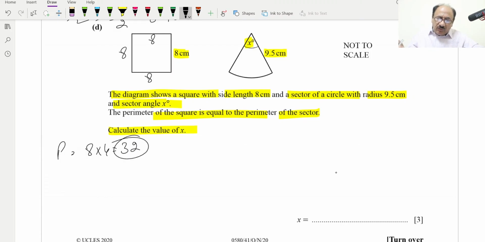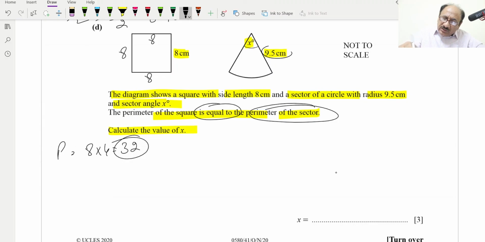So first of all, we have calculated the perimeter of the square, and this is equal to the perimeter of the sector. Now how will we find the perimeter of the sector? One side is 9.8, the other side will also be 9.8 centimeter, but we don't have this arc length L, and we don't have theta.